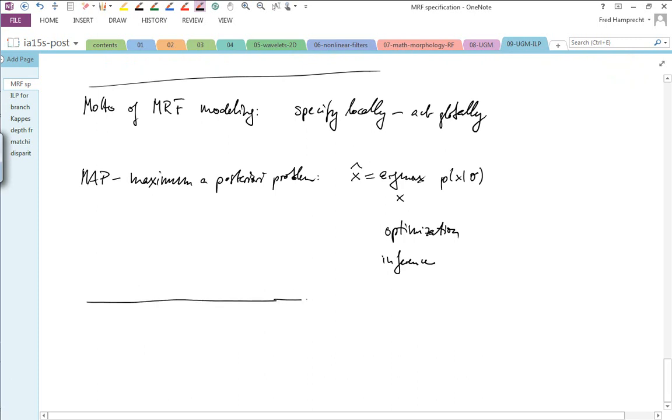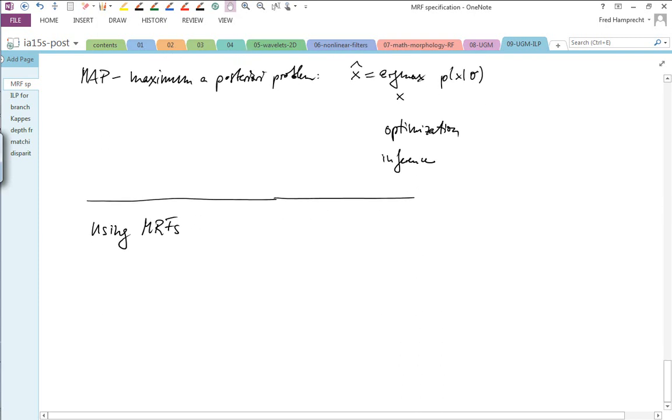So if we want to use Markov random fields, this generally encompasses three phases. There is a modeling stage where we say, what is an object? What entities do we describe with a random variable and with what kind of random variable? What kind of interactions do we need to specify?